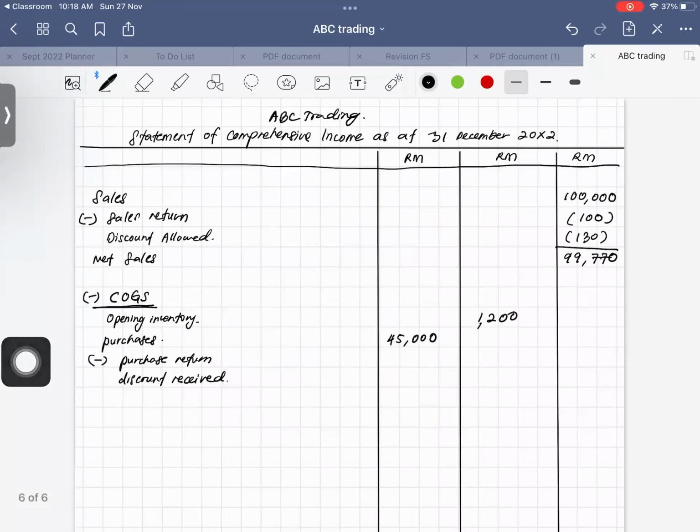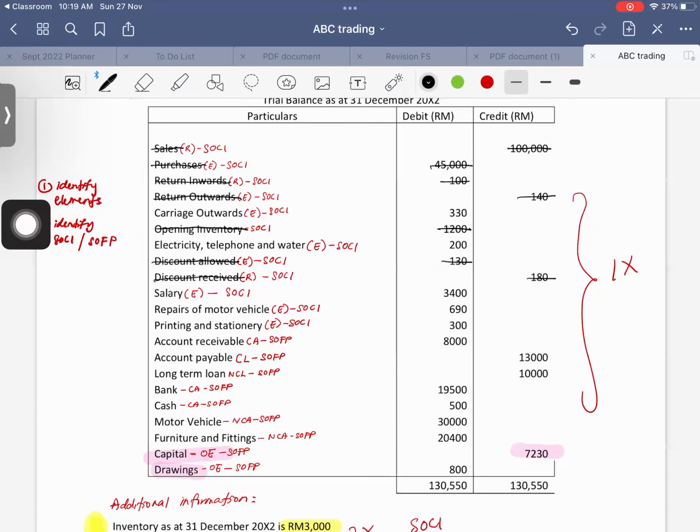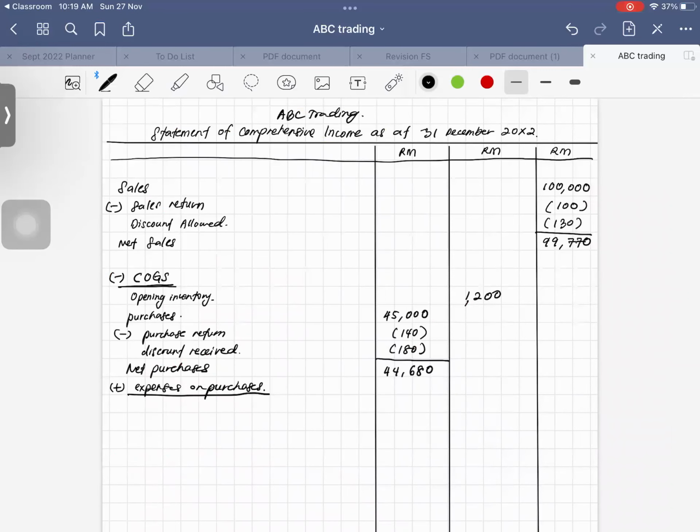Pun tak ada. So tak ada lah expenses on purchases. Tapi kita dah tulis. Contohlah kalau you buat guna pen kan, takkan nak liquid. Tak payah. Letak je kosong. Then still need plus lah. Maksudnya you akan dapat 44,680 juga. Letak sebelah. Okay. If you still remember this 44,680, you need to plus with your opening inventory.